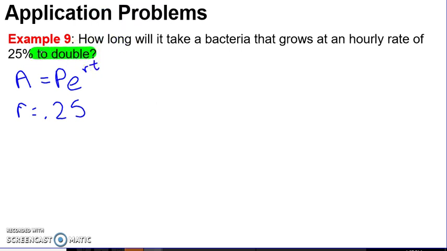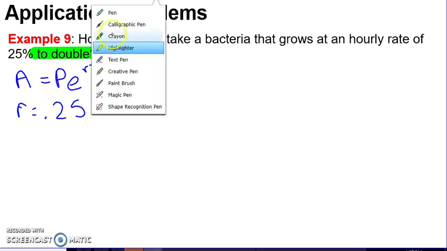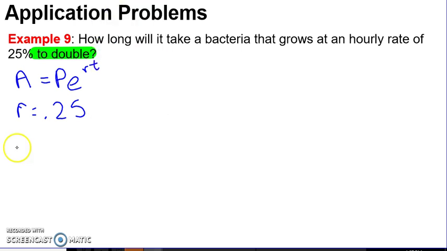So my A value, being that it doubles, is 2 times x. It doubles whatever the x value may be, and my principal is going to be the x value.